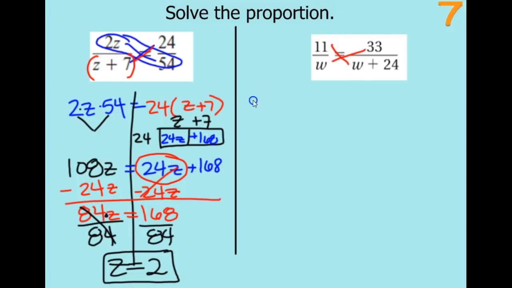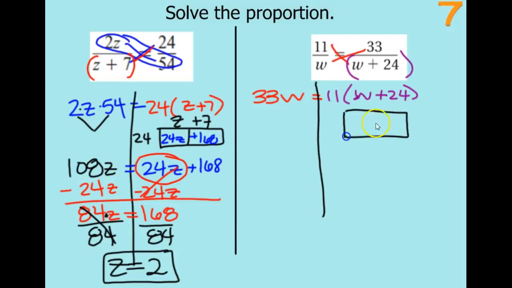I'm going to do w times 33. Instead of writing it like that, I'm just going to write it as 33w. And then the other side, we have 11 times this whole piece, which is w, whoopsies, plus 24. So I see parentheses, I know I need to distribute 11 and then w plus 24.